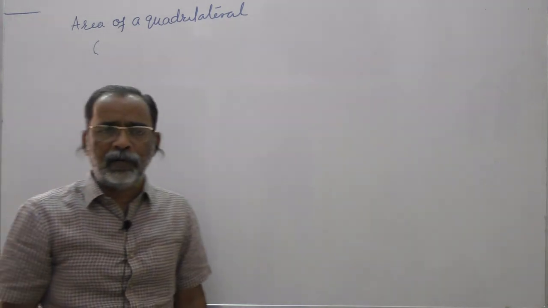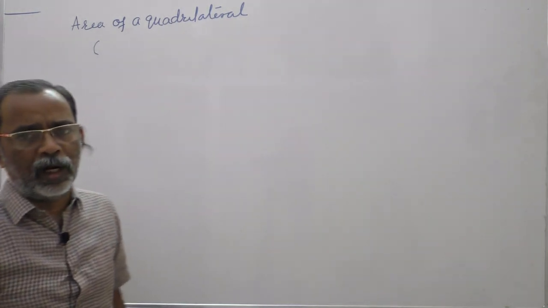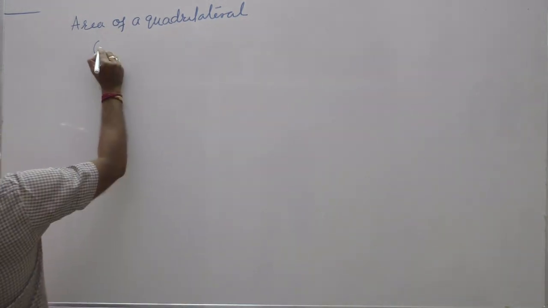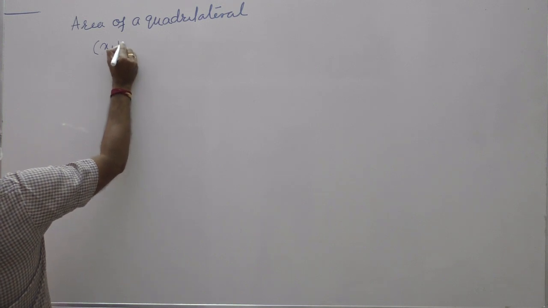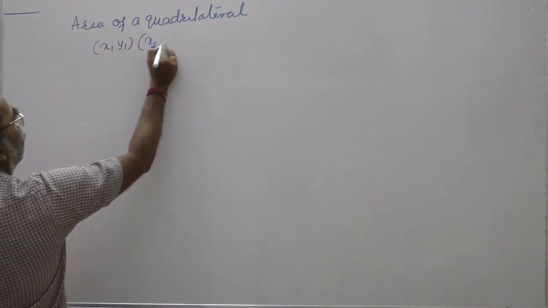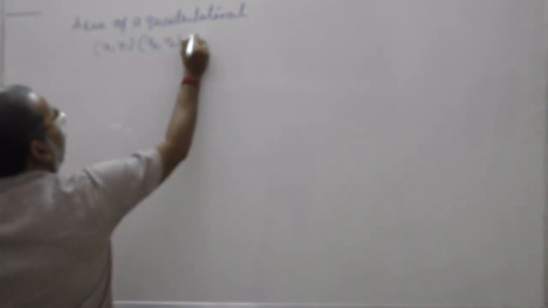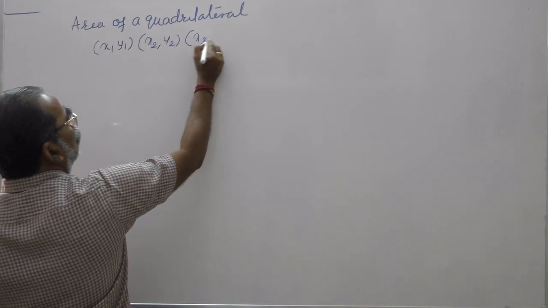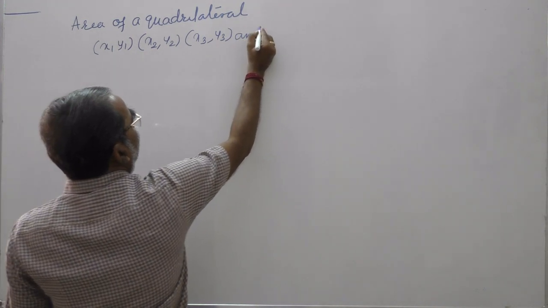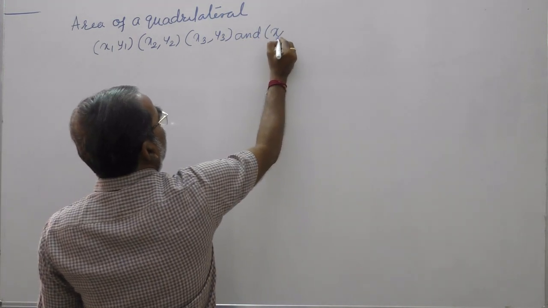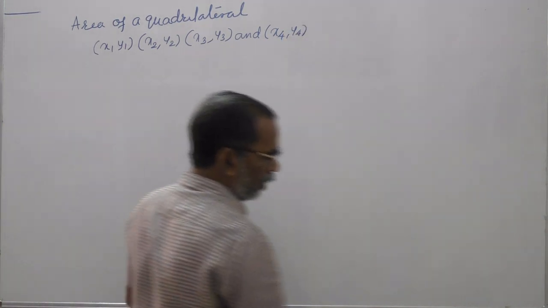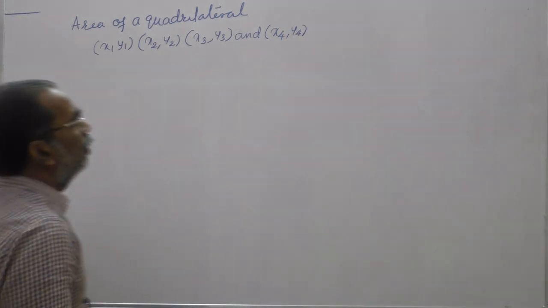A quadrilateral can be any one: square, rectangle, parallelogram, rhombus, or any quadrilateral. A quadrilateral will have 4 vertices: x1, y1, x2, y2, x3, y3, and x4, y4. These are the 4 vertices of a quadrilateral.